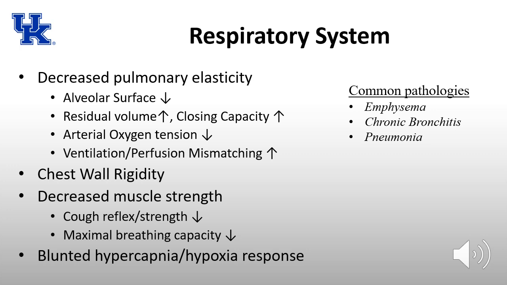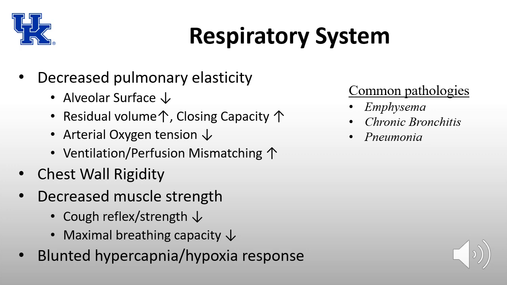The chest wall becomes more rigid, and you all may have seen those emphysematic patients, with just the calcification of your costoclavicular joints, due to malnutrition and loss of muscle tissue, decreased muscle strength.